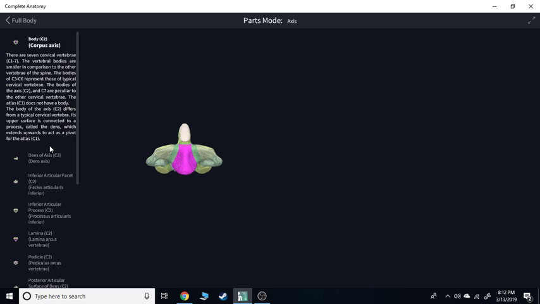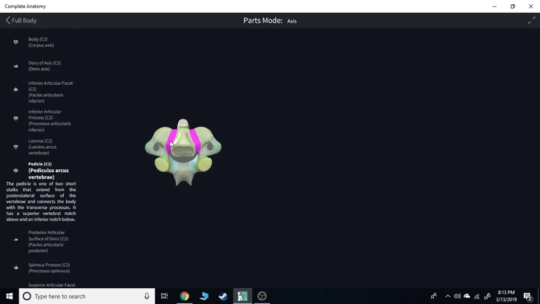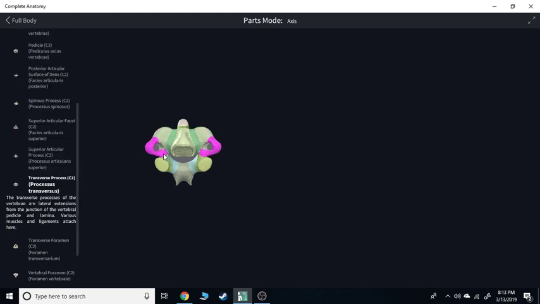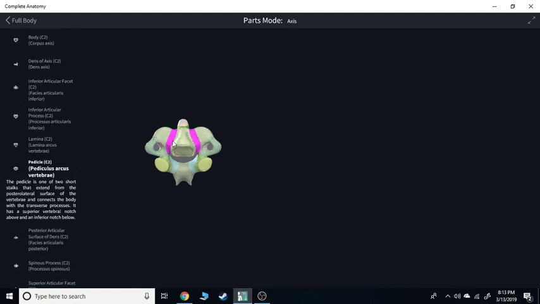Okay, the pedicle is this little portion between the body and the transverse process. So if you remember, the transverse process is right here. The body's here. And the pedicle is just the area in between those.